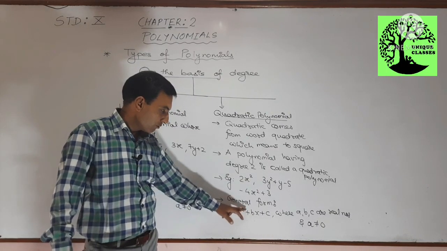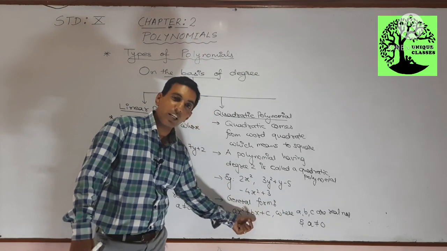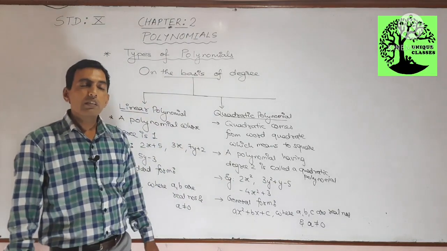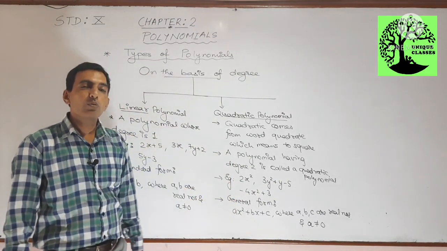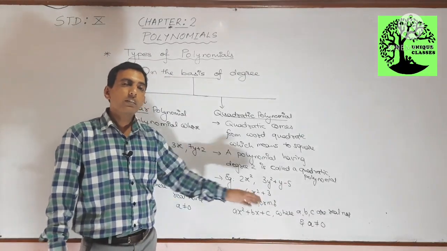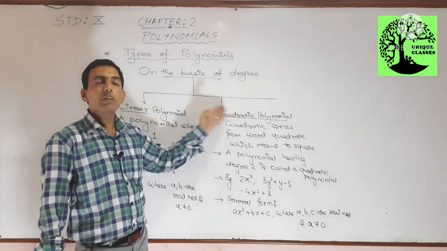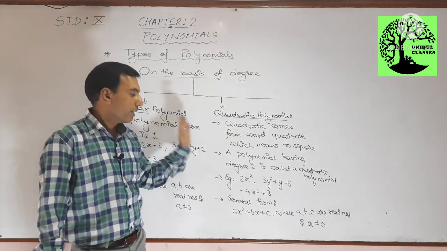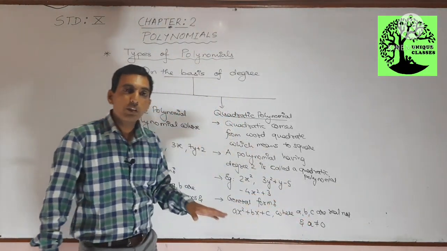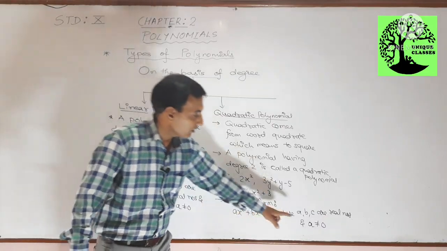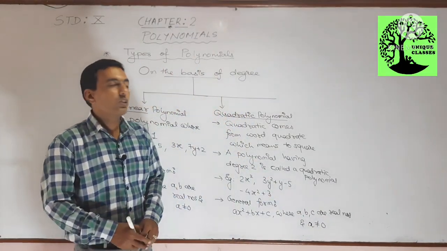Now, when this term becomes 0, what is left? bx plus c is left. Now, in that expression, that polynomial bx plus c, you can find the degree is not 2, the degree is 1, and degree 1 is not eligible to be a quadratic polynomial, it is called linear. So, that is why we mention here the condition for a polynomial to be quadratic. This condition must remain true, that is a should not be equal to 0.